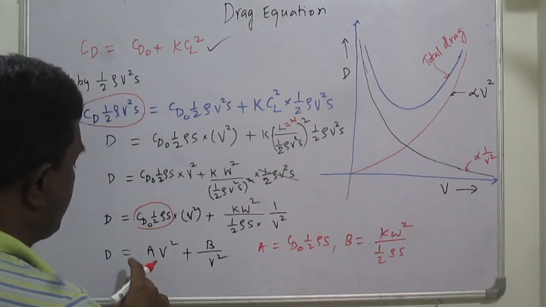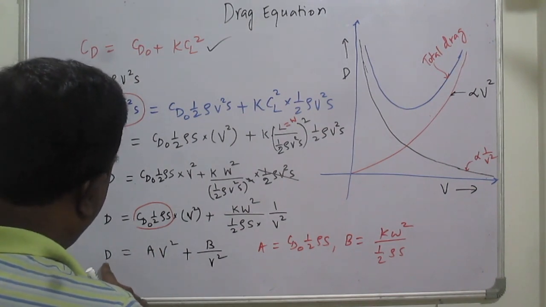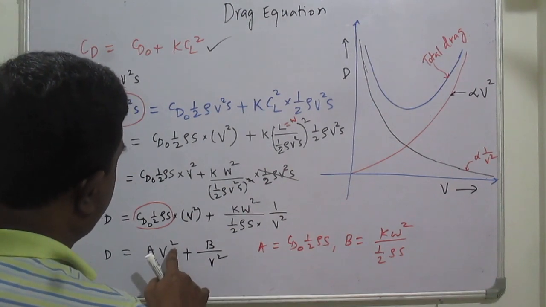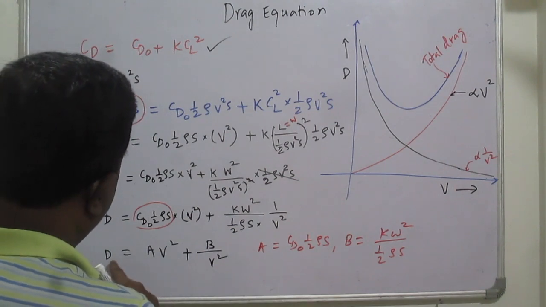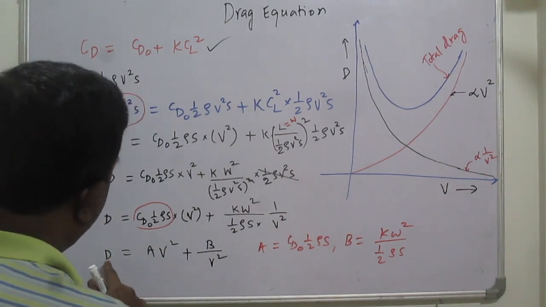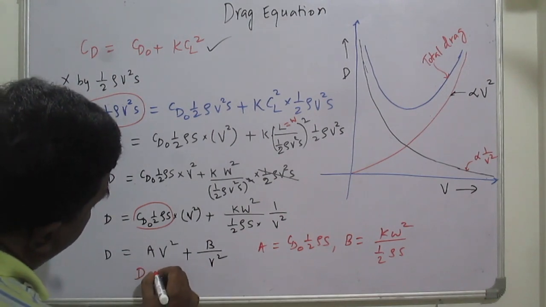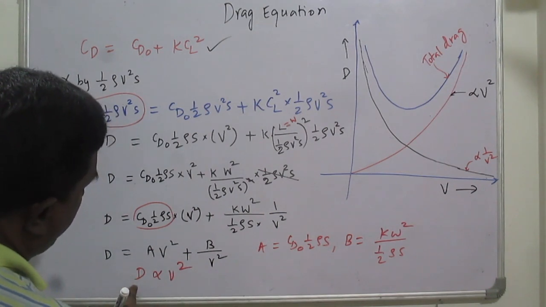Now we have to understand one thing. This is the parasite drag term. That means drag increases with the square of the velocity. This is the parasite drag equation.